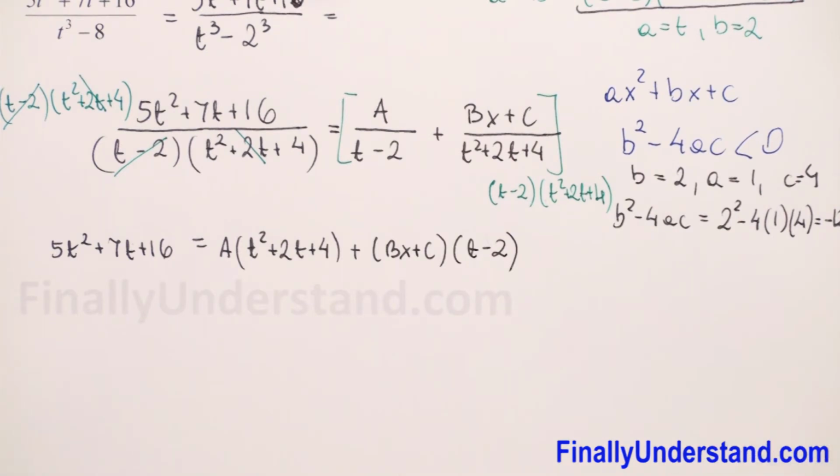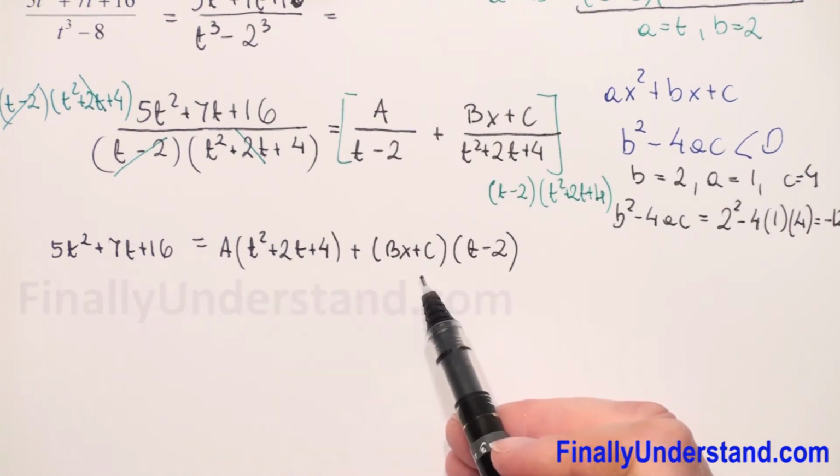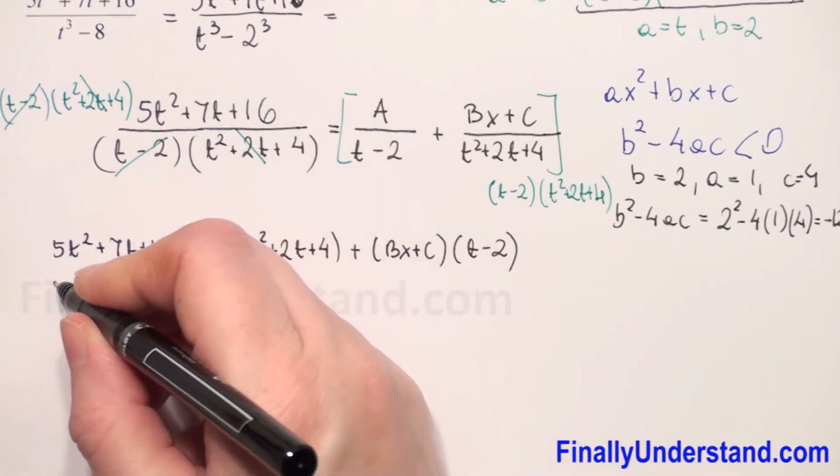Now to find a, b and c, we will first do the multiplication on the right side. The left we will copy.